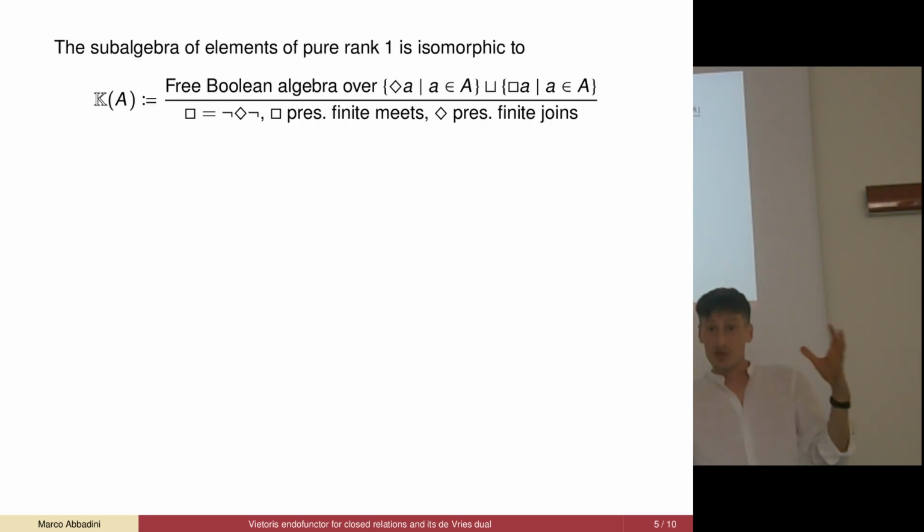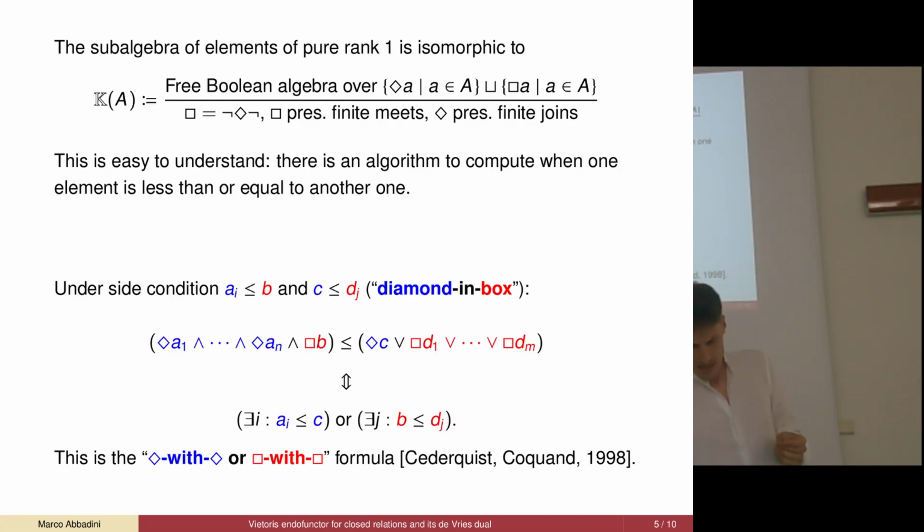And this Boolean algebra, so you might think of the elements as equivalence classes of Boolean combinations of boxes and diamonds of elements of A, is actually quite easy to understand.